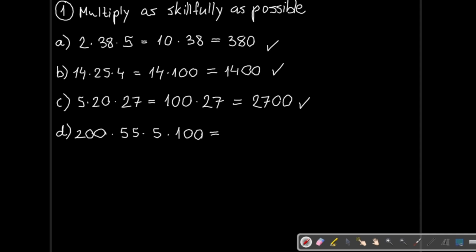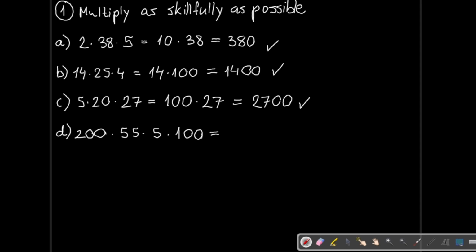We have a 100 here, and that will not be a problem at the end. We will just need to add 2 zeros. And then we have number 5 and number 200.